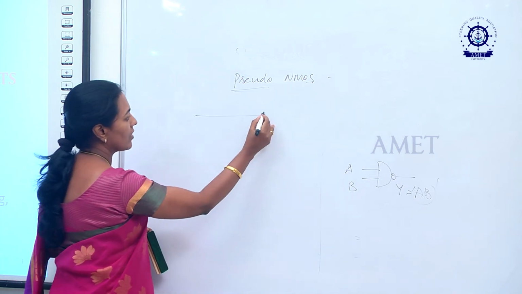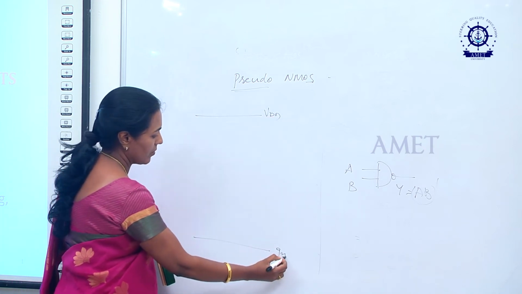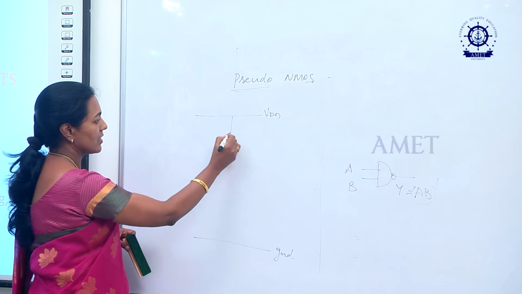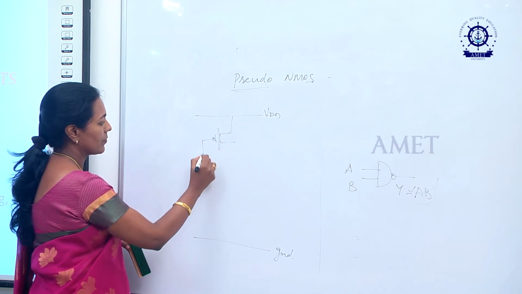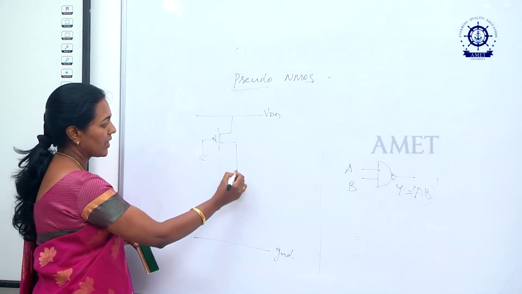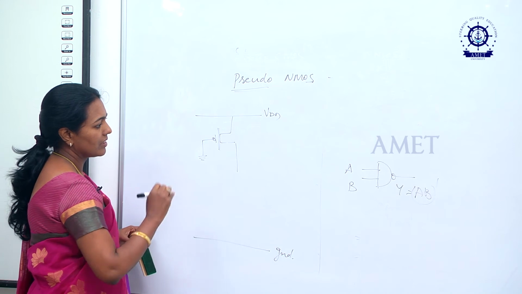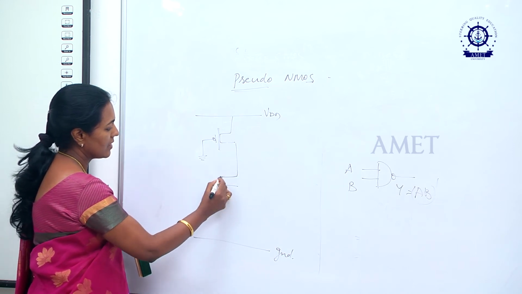Let us draw one VDD rail, that is a supply rail, and a ground rail. The upper half of the structure consists of only PMOS. The gate is connected to ground, and in the lower half we have A as well as B transistors, which have to be connected in series.